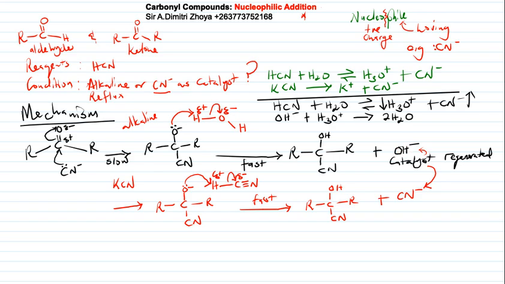So for the second step, if you are under alkaline conditions, we can use the first reaction. Under acidic condition, in the presence of potassium cyanide, you can use this equation as our second step, so that you can regenerate the catalyst.